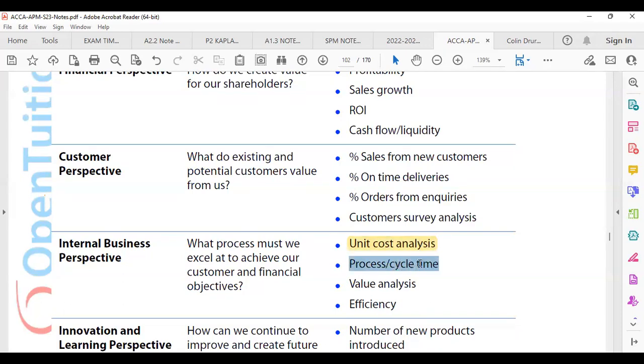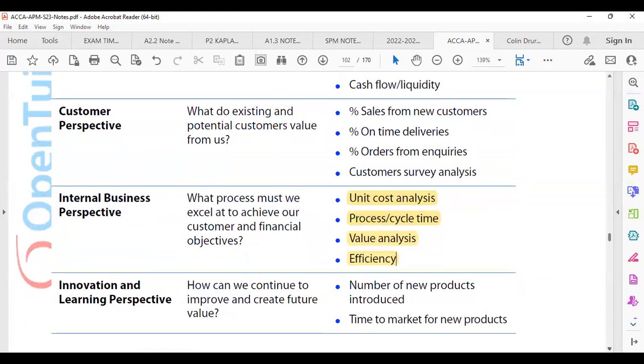The cycle time, are we able to provide and do things on a better basis? Value analysis, are we adding value to the business internally? And the efficiency, are we doing things efficiently, or are we just wasting resources? Are people idling too many hours, or are we at least using the hours that are engaged effectively?